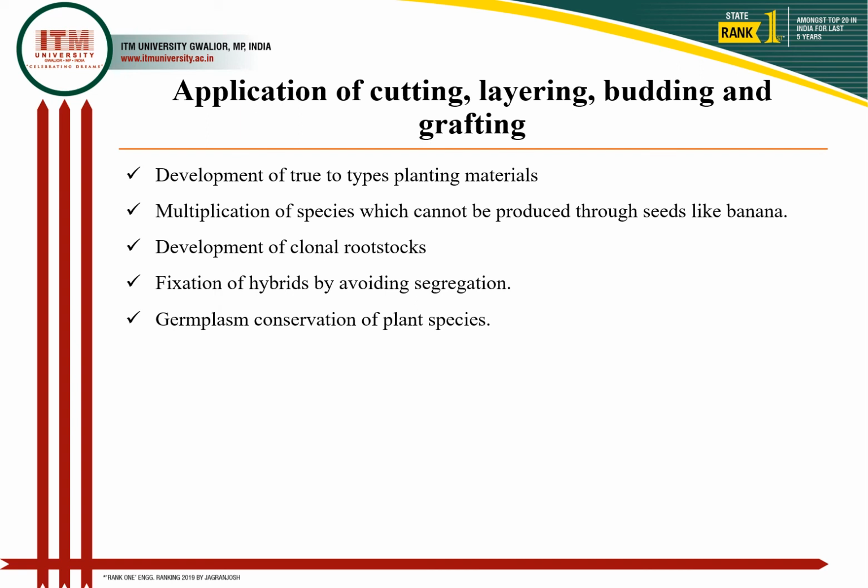In addition to that, vegetative propagation is also quite utilized for different purposes in horticulture, that is, development of true to type planting material as well as multiplication of species which can't be produced through seeds, so they can be multiplied through the vegetative propagation method.